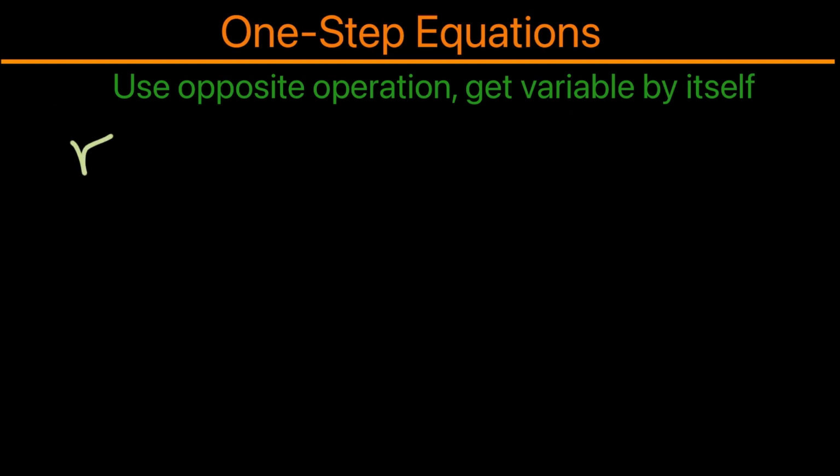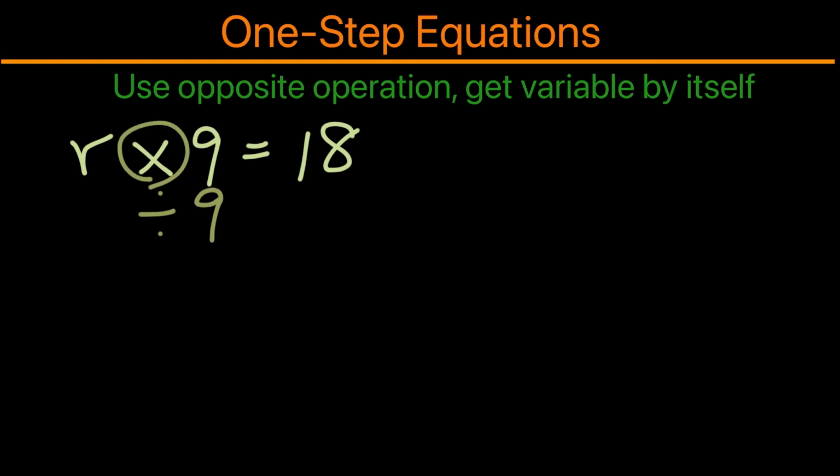Now what about a multiplication equation? What is the opposite operation of multiplication? In this case, it's division. We would divide by 9 because we have a multiplication equation, and we'll do the same on the other side as well.